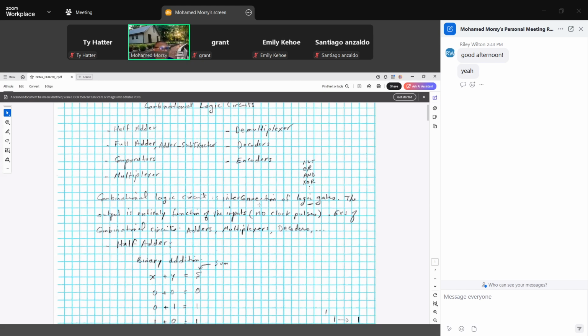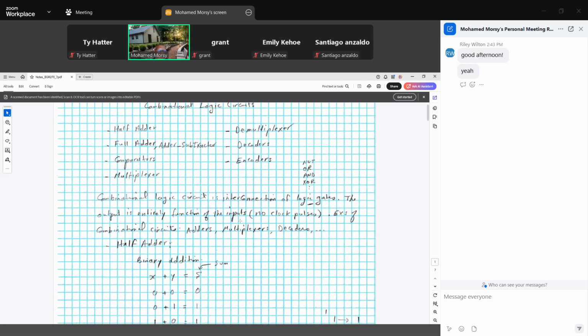If we define combinational logic circuits, simply, it is an interconnection of logic gates like AND, OR, all the logic gates we discussed before. The output is entirely a function of the inputs, which means we don't use clock pulses here.